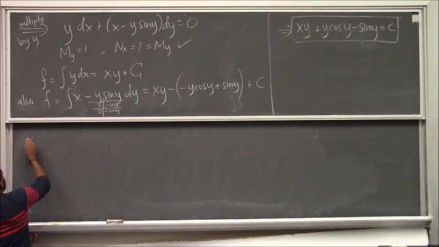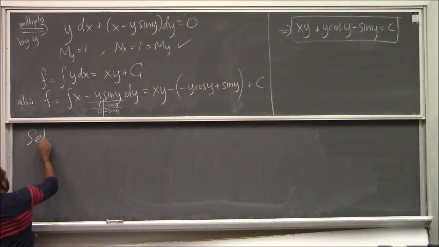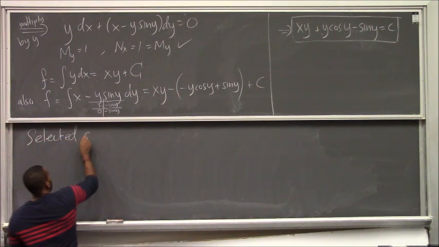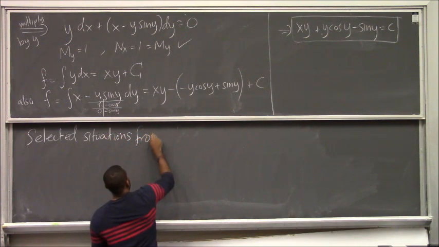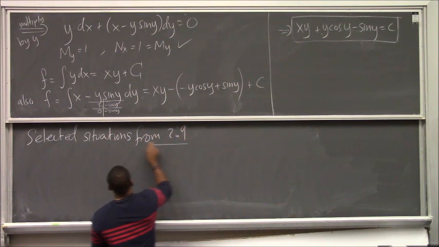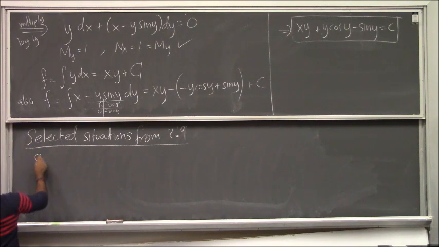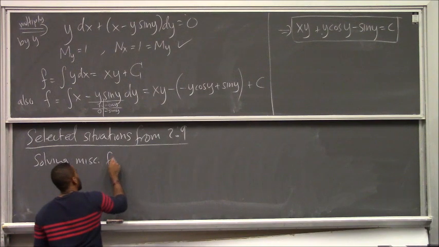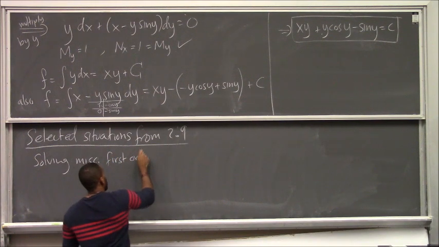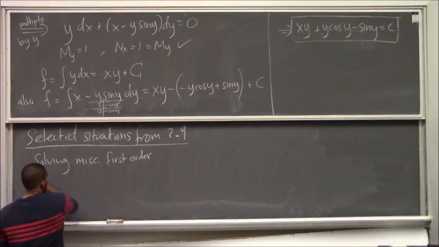But I want to look at some selected situations from 2.9. Solving certain miscellaneous first orders, or things that can be made first order.